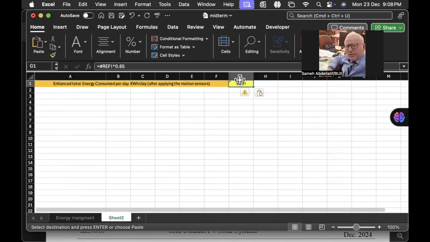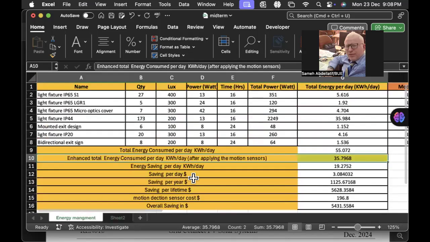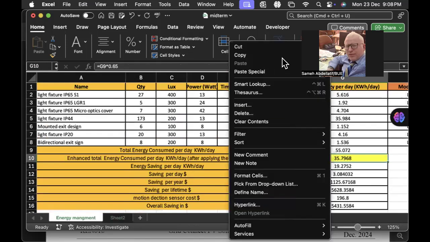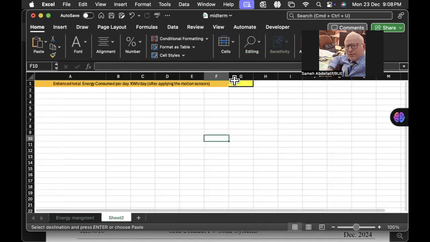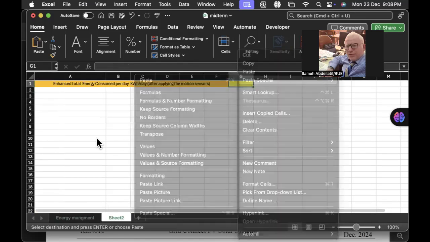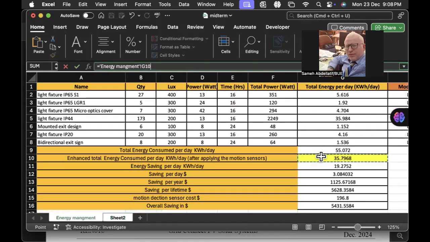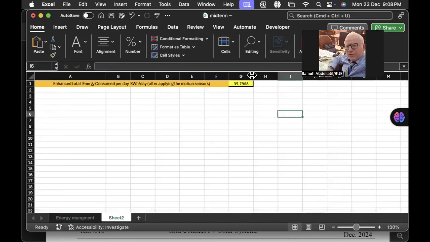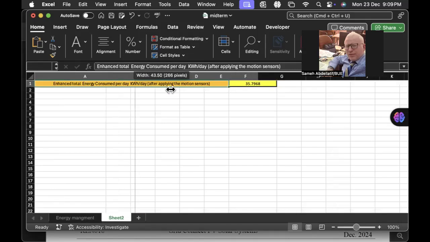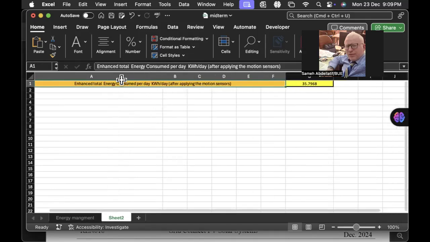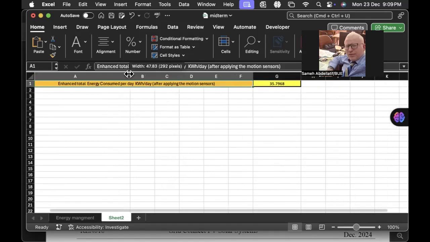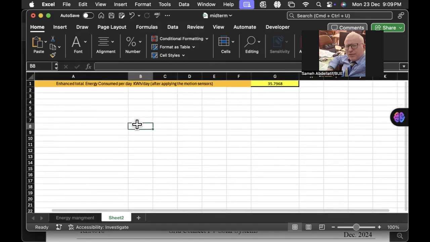Of course, here we have an error, so it's better not to paste it like this, but to make it equal, so we can have dynamic numbers across sheets. Okay, so this is the first part of the story. Let's start considering these calculations together.